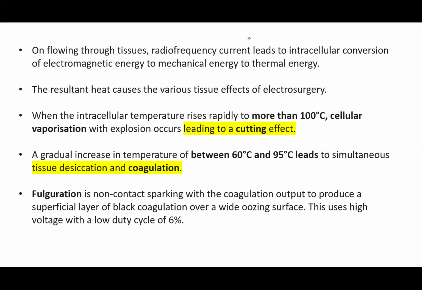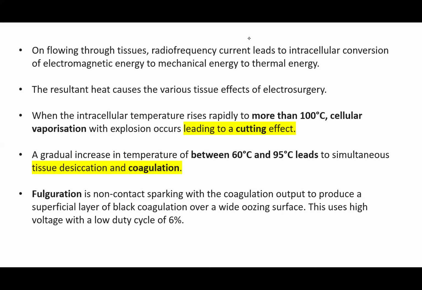Now let's see the basic principles that bring about cutting and coagulation, as well as blending or fulguration of a tissue. If you remember, we said there are 3 waveforms used in electrosurgery. 1 is cutting, 2, coagulation, 3, blending or fulguration.